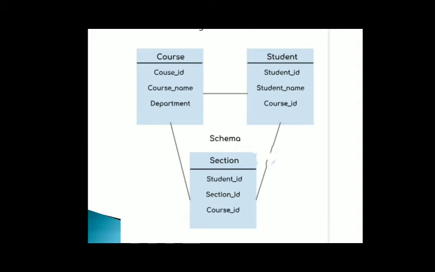The design of the database at the physical level is called the physical schema. How the data is stored in a block of storage is described at this level. Schema is of three types: physical, logical, and view level. The design of the database at the logical level is called the logical schema.